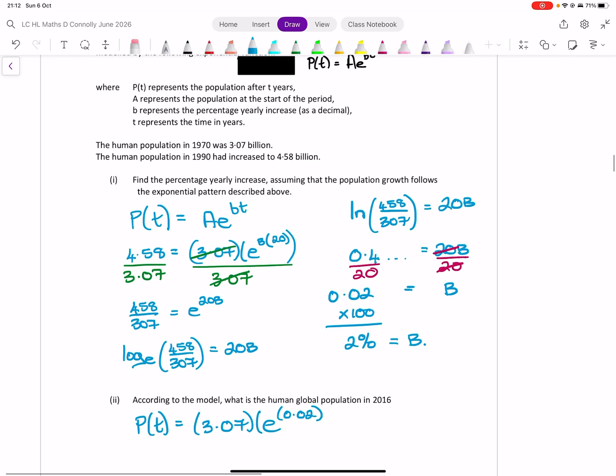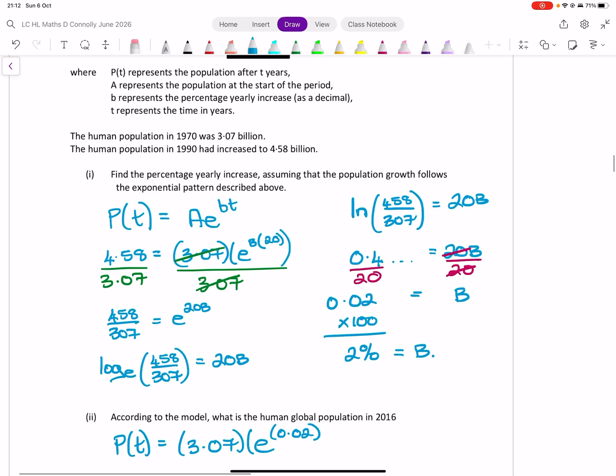Now, from 1970 to 2000, we have 30 years. And then obviously from 2000 to 2016, we have 16 years.